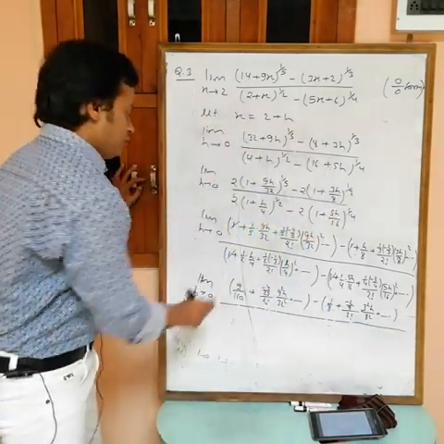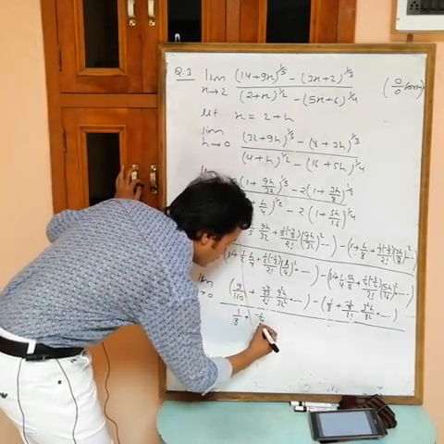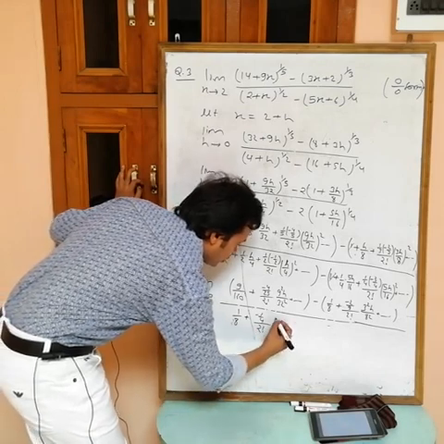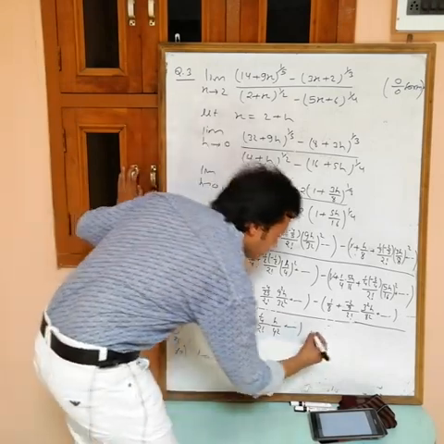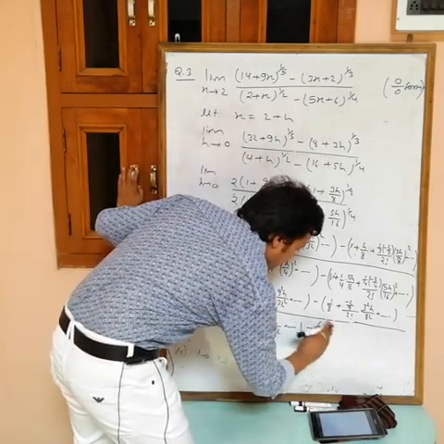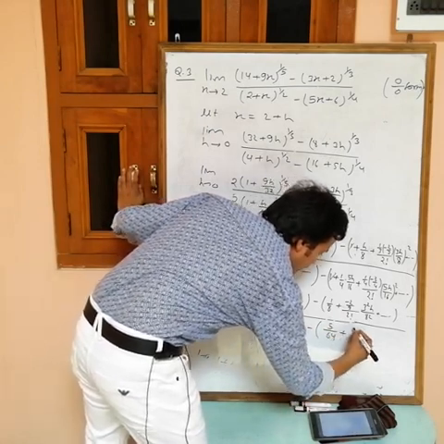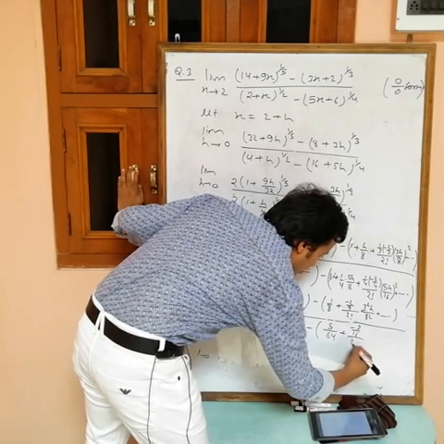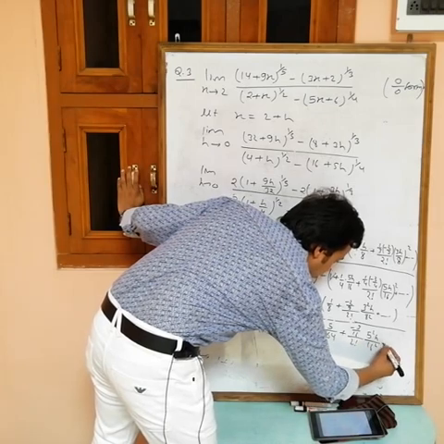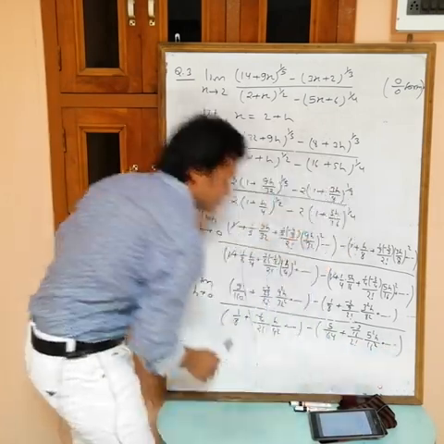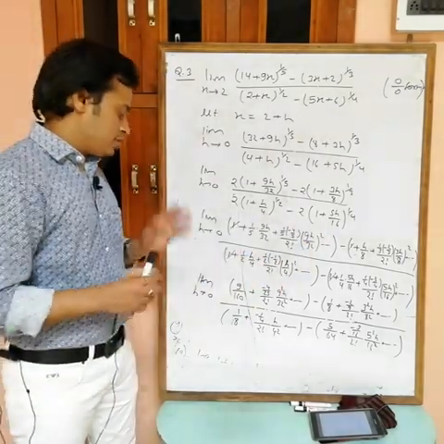Okay, in denominator 1 by 8 plus minus 1 by 4 by 2 factorial, h by 4 square. Okay, here you will get 5 by 64 plus minus 3 by 16 by 2 factorial, and 5 square h by 16 square. Okay, we are taking h common in numerator, h in denominator, h cancel out.